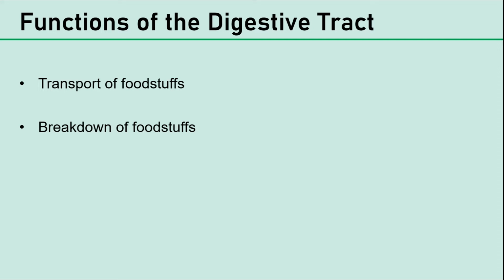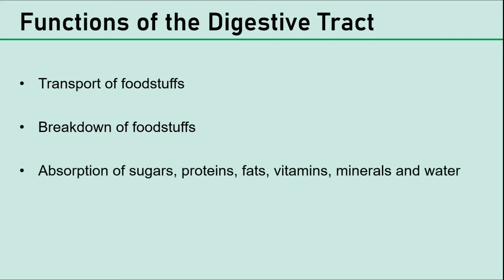So that is things like sugars, proteins, fats, vitamins and minerals, and of course water. Our body needs these from the outside world and it needs to be able to absorb them. Most of this absorption happens within the small intestine. Some of it will happen within the large intestine, but we will come on to that in a little while.